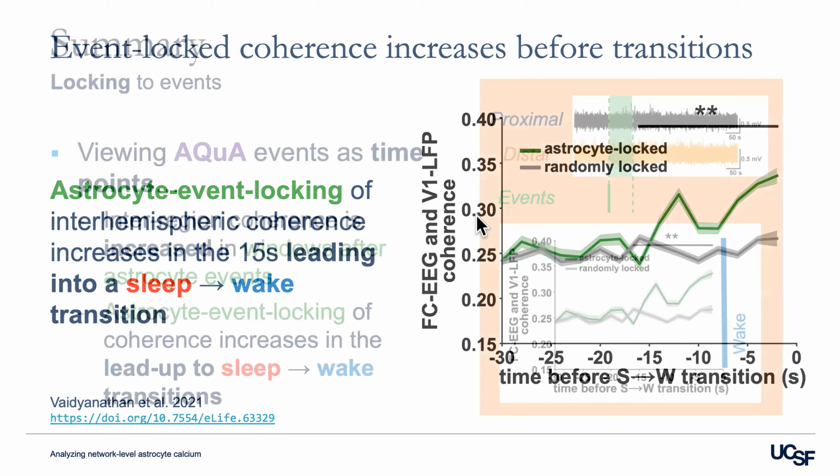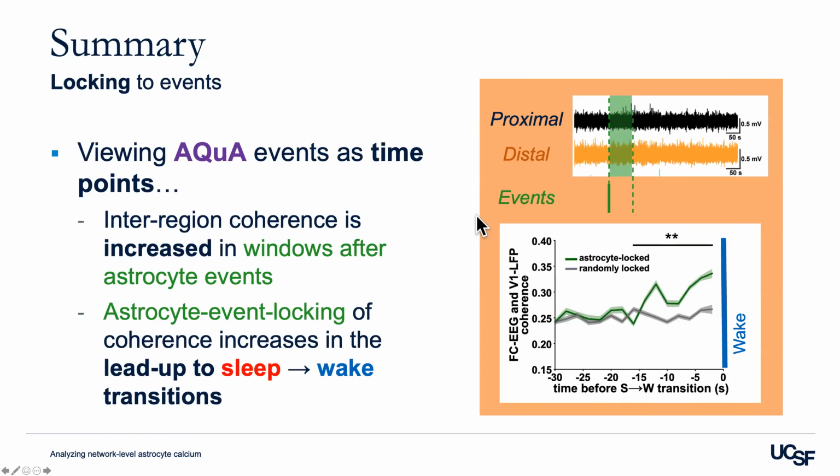So to summarize again, viewing the AQuA events as points in time, we were able to identify that interregion coherence is increased in windows following astrocyte events, and that this astrocyte event locking effect of coherence increases in the lead up from a sleep into a wake transition.